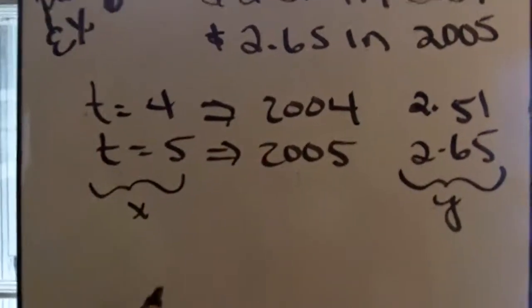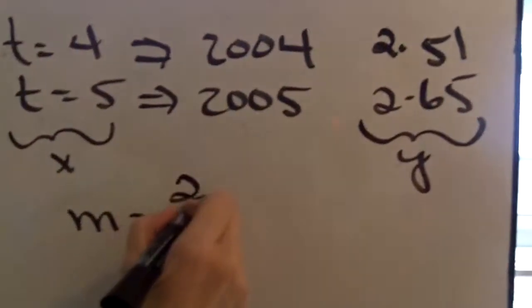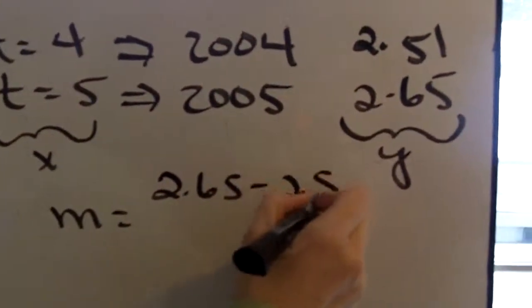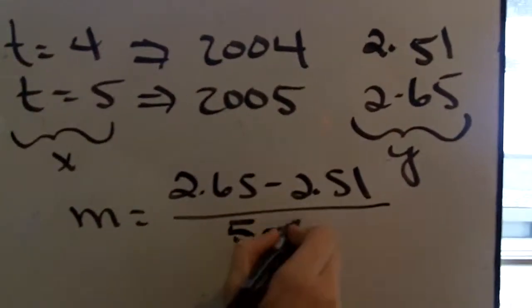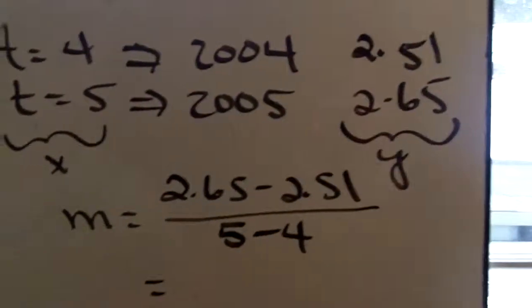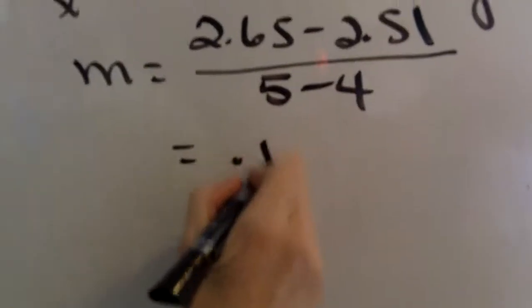So to find slope, we always take change in y, or 2.65 minus 2.51, over change in x, 5 minus 4. And that would mean that the slope of the line connecting these 2 points is 0.14.